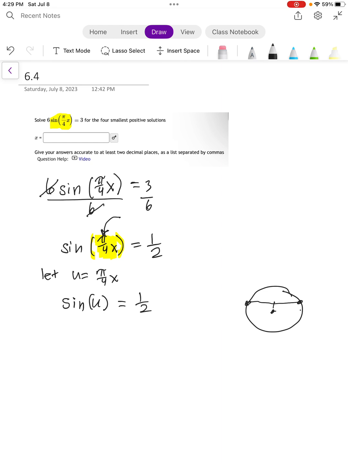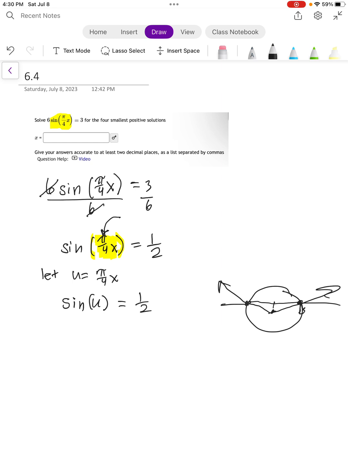The points on the terminal side that have a y coordinate of 1/2, a distance of 1/2 above the origin, correspond to two angles.